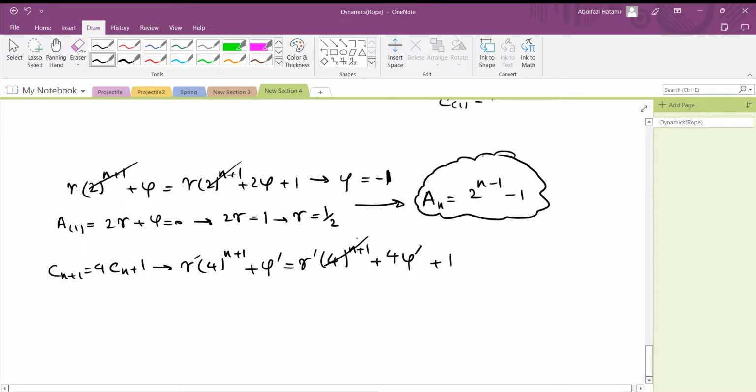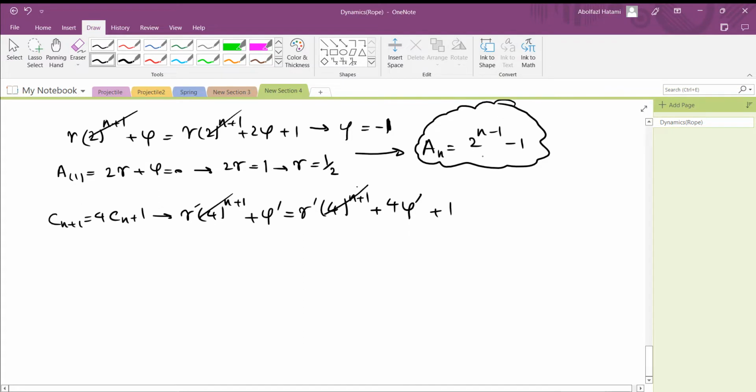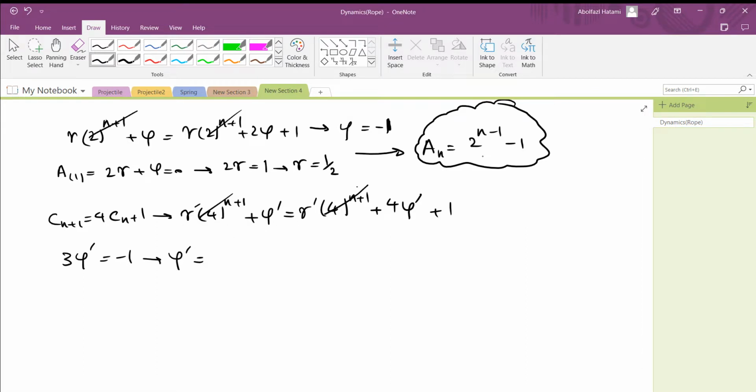Also again we can eliminate this expression from both sides, and I have 3 phi prime equals -1, so phi prime is equal to -1 over 3.